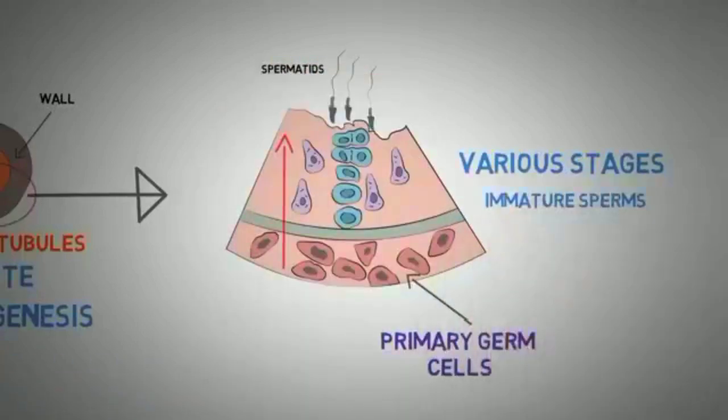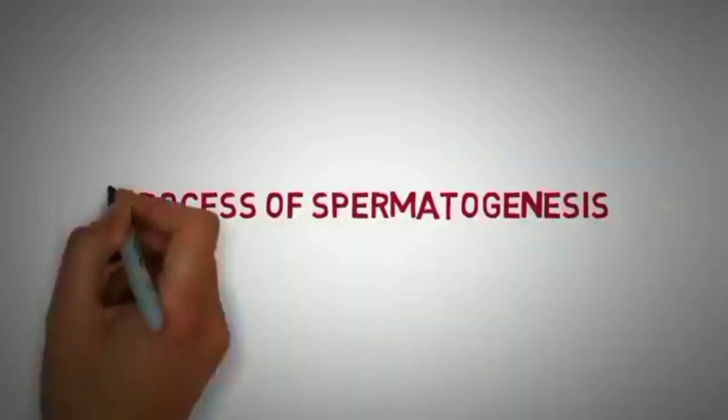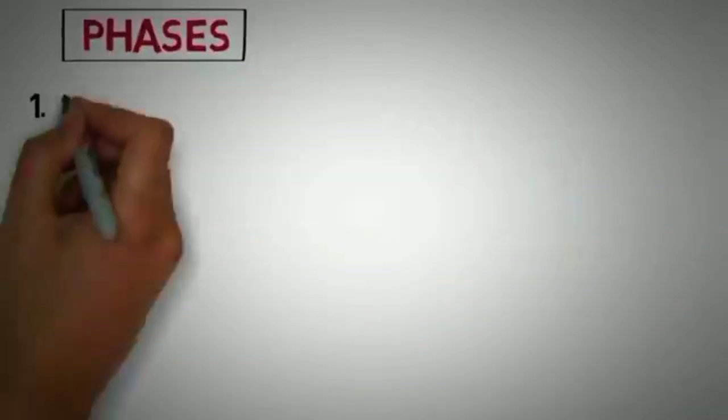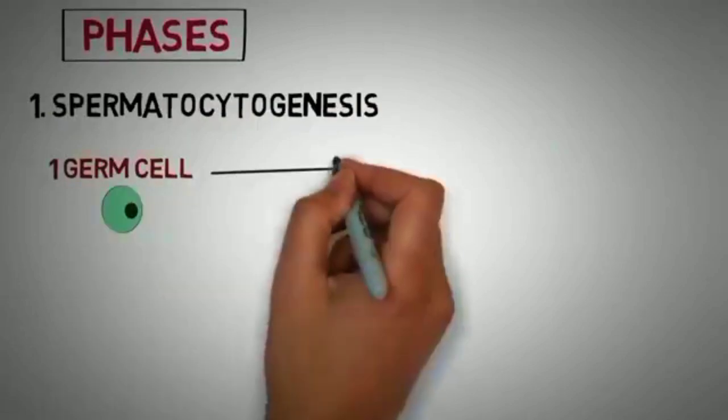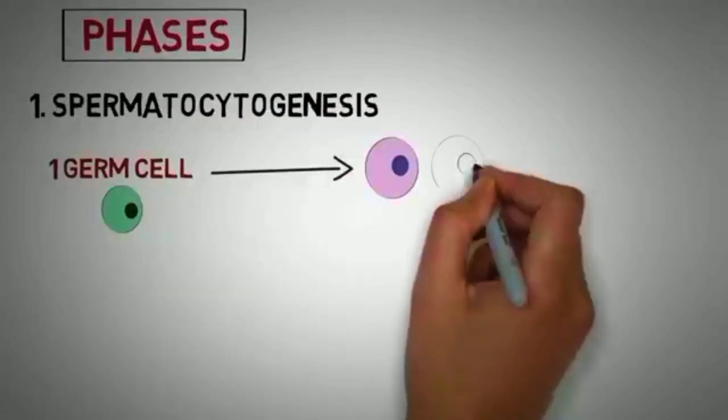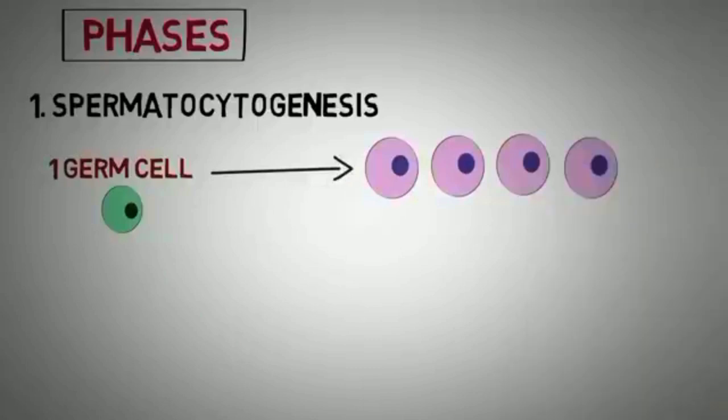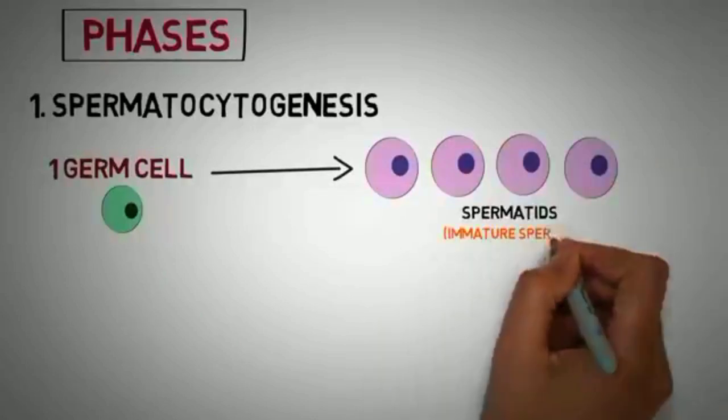Let us look at the process of spermatogenesis in detail. In phase 1, called spermatocytogenesis, a germ cell divides meiotically into 4 precursor gametes called spermatids, which are immature sperm cells.